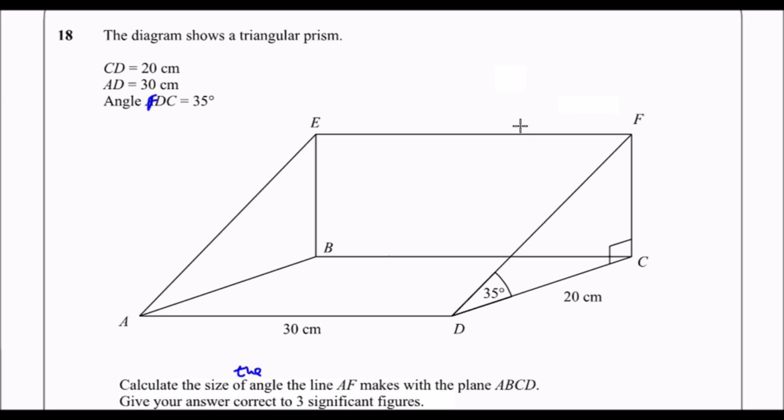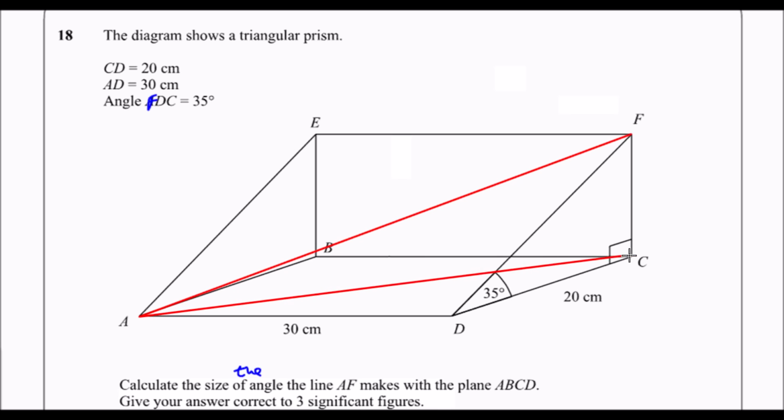So it's the angle between the line AF, so A to F is this diagonal, and the plane ABCD, that's the base. So if we draw another diagonal here from A to C, we can make a right angle triangle, and the angle between AF and the plane ABCD is this angle here.